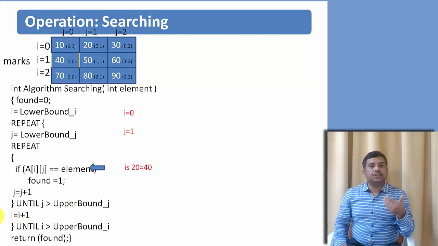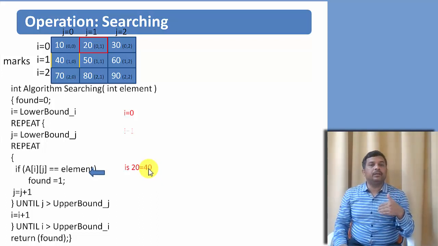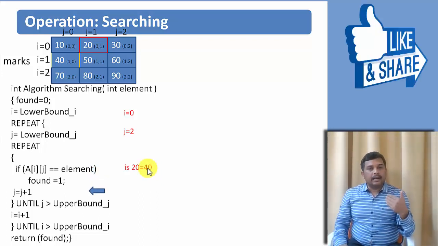Now j value is 1, i value is 0, so the a[i][j] value is 20. Is 20 equal to 40? If no, then I increment j. j now becomes 2. I compare with the upper bound of j and repeat.